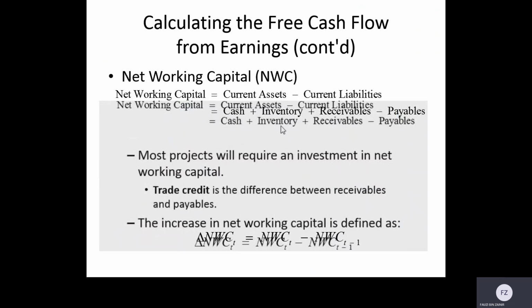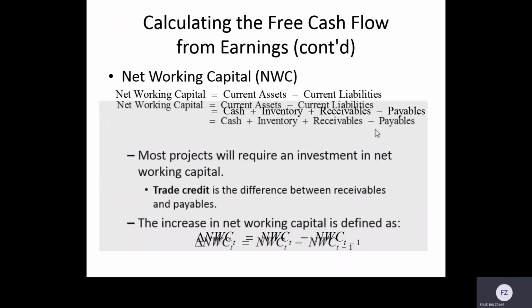It's an opportunity cost, because you could use those funds elsewhere, but you have to reallocate them to inventories and receivables. Some of these you can finance through short-term borrowing, which is payables.